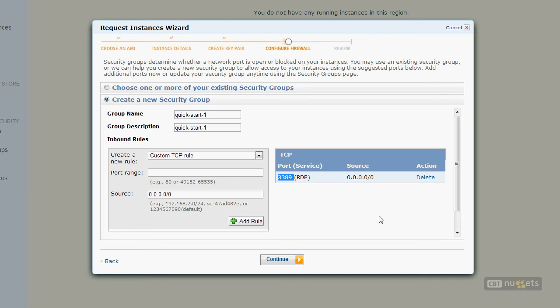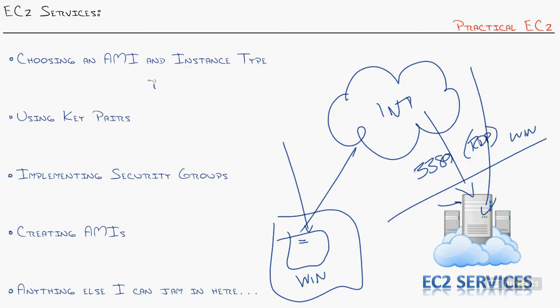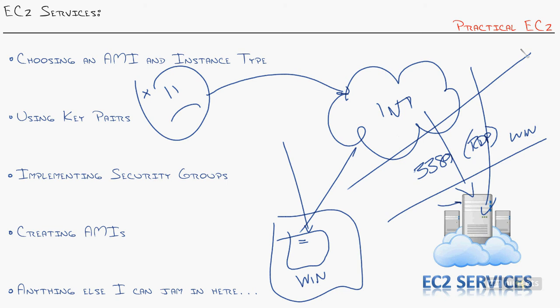The reason why is because anybody out there, let's say evil person X out here in the world, can run a little scanner, an IP scanner that searches the whole internet to try and find IP addresses with port 3389 open. As soon as he finds one, he's like, aha, I now have a server that I can access, and he just starts his little script running to start trying to brute force its way into that server.